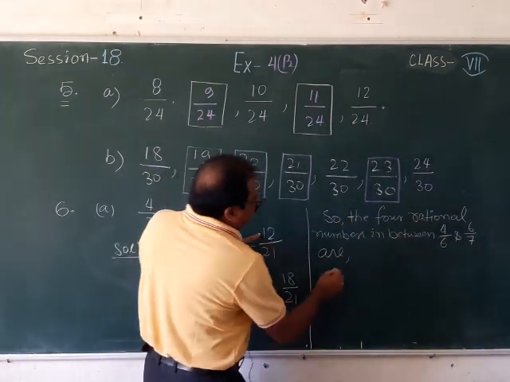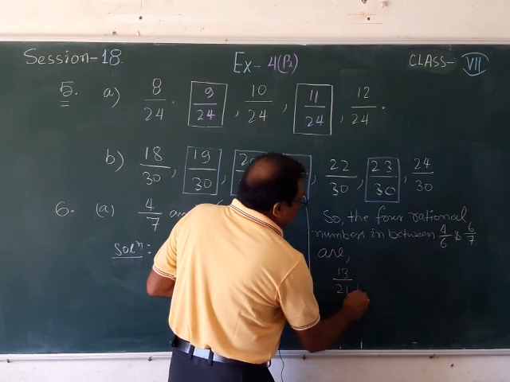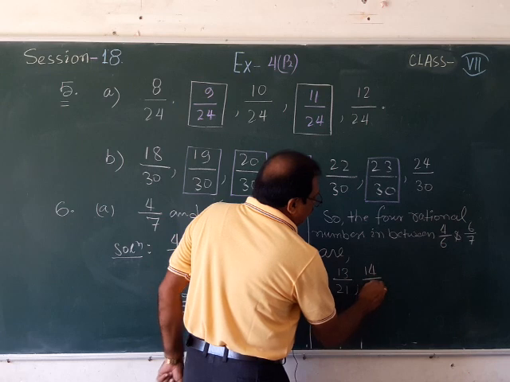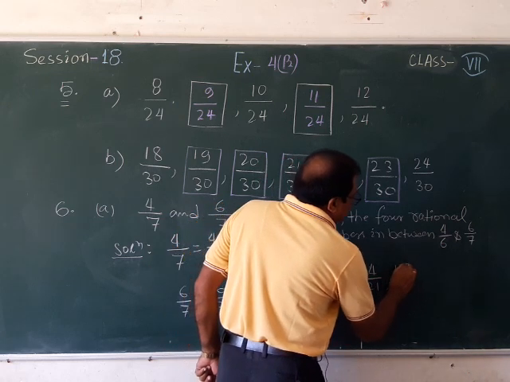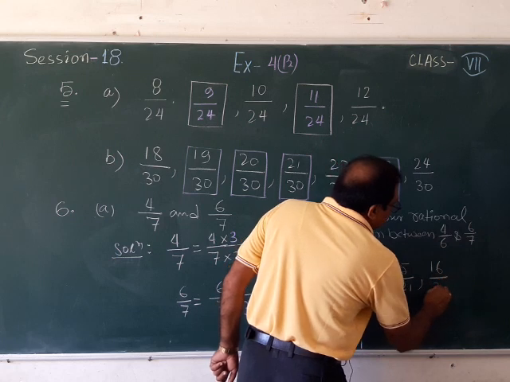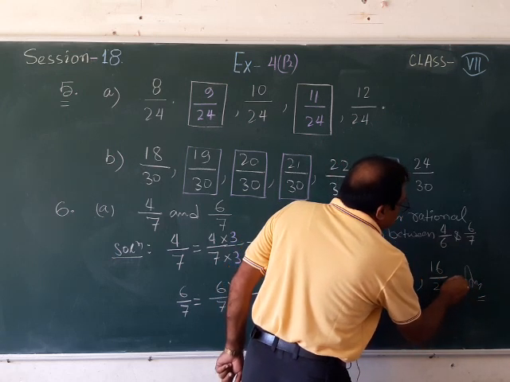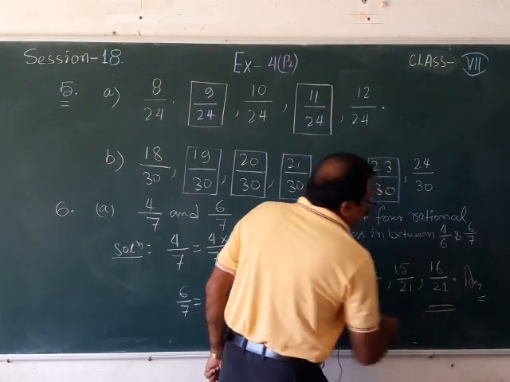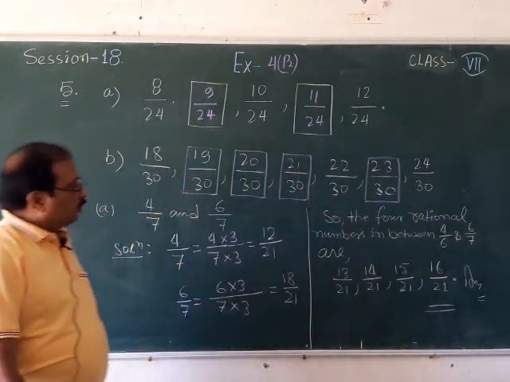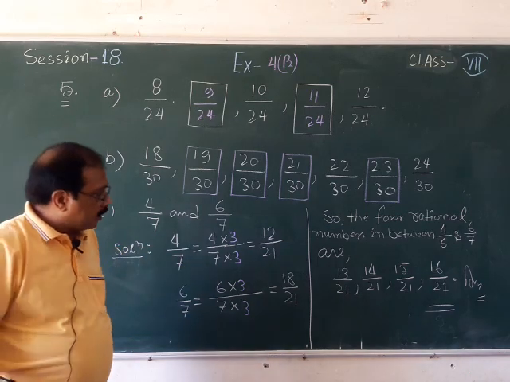After 12 you are having 13 by 21, then 14 by 21, then 15 by 21 and then 16 by 21. Like that you can complete your answer. So this is the question and this is the answer of that question that you can think.